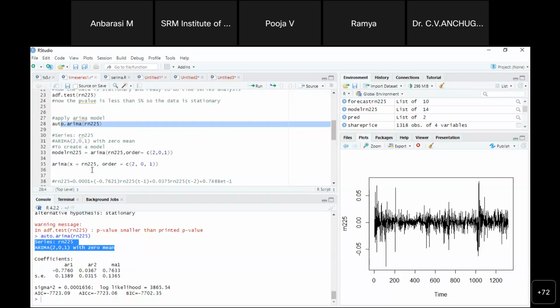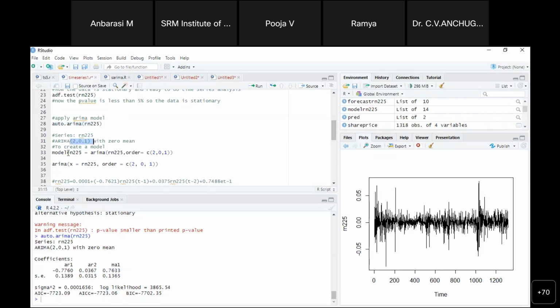Otherwise, we have to apply the ACF and PACF with differencing and calculate them. If you don't want to use auto.arima, we have to call the ACF function and PACF function, store the results, and find all these parameters P, D, Q.